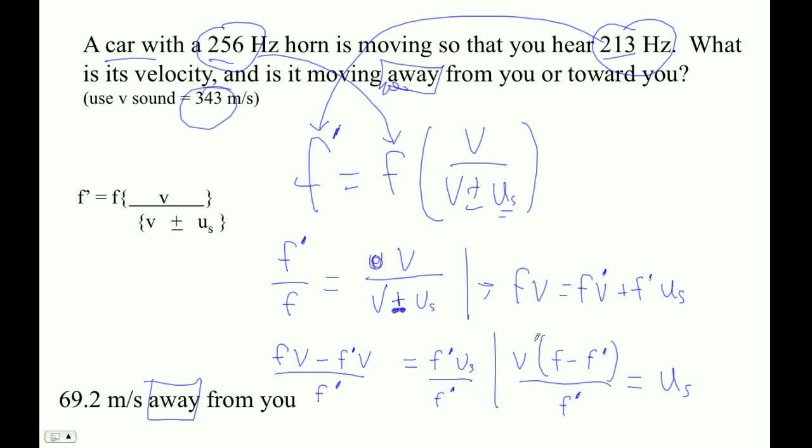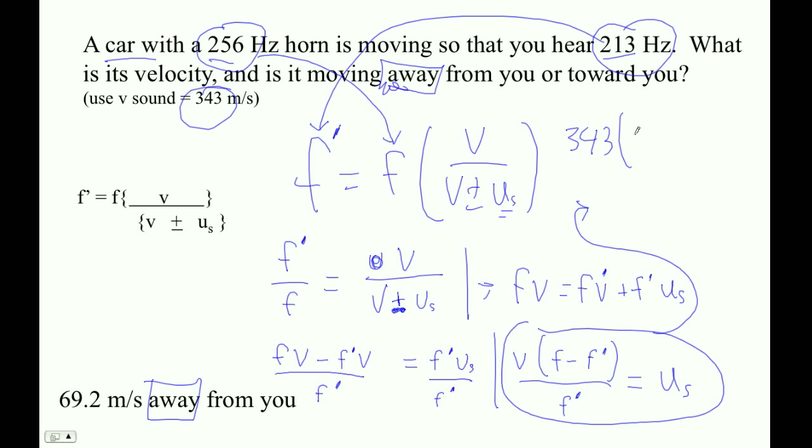Okay, so now let's take our magic expression and find a place on the screen to plug it in. So it's going to be 343 times the original frequency, 256, minus 213. I'm relieved to see that we're going to get a positive number as an answer. All divided by 213.